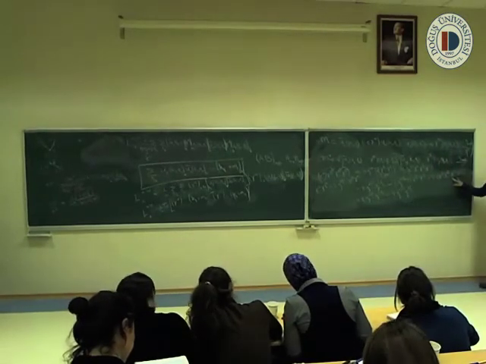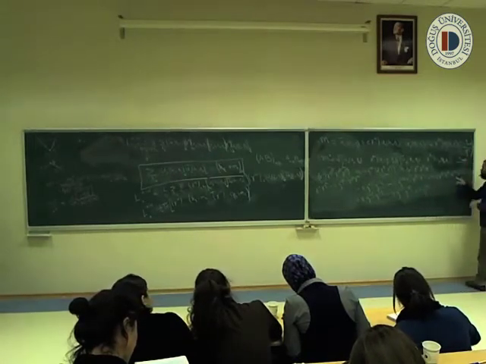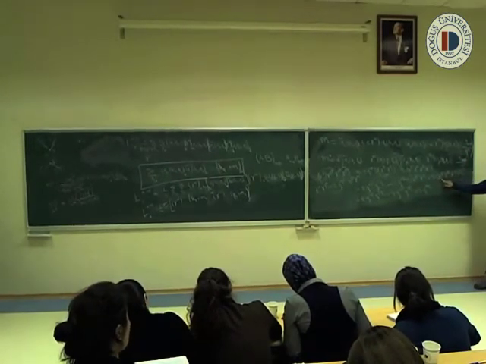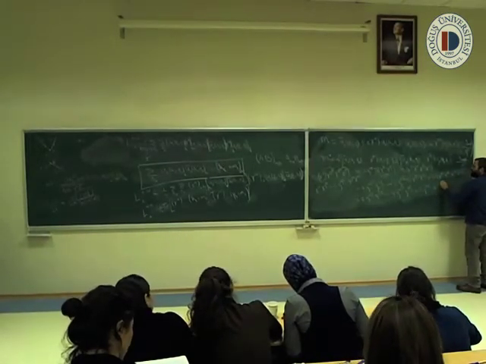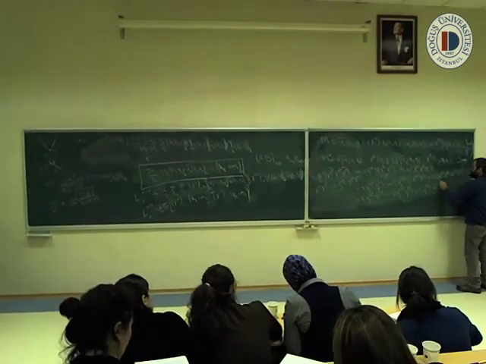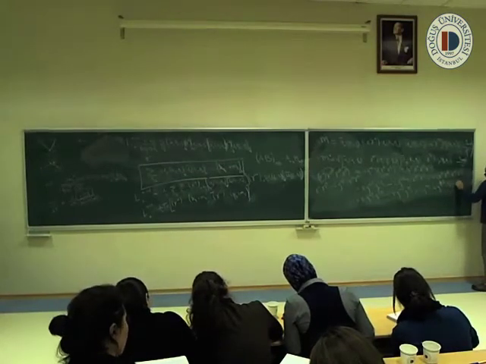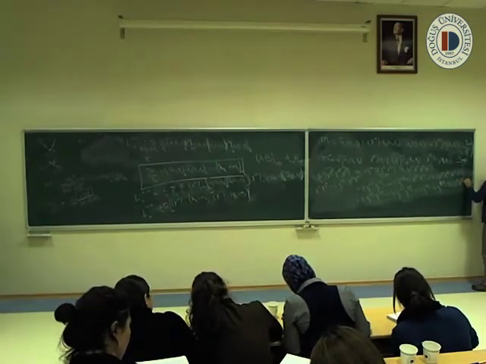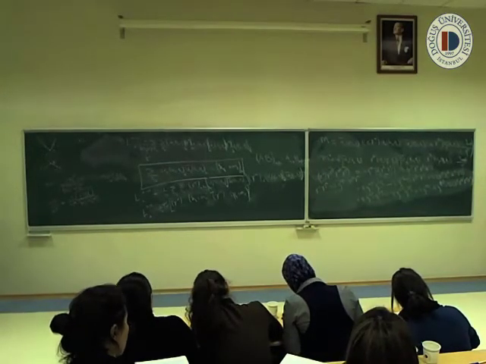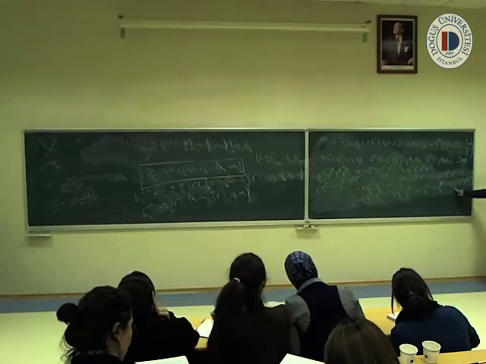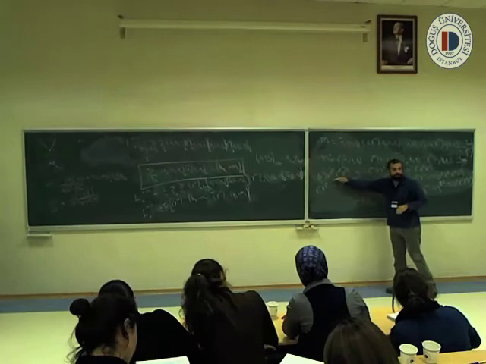Well, I will do the same trick again, plus 2 G alpha eta. Now what's left inside is a trace of gamma beta, gamma delta, but that is 4 G beta delta, minus trace gamma beta, gamma delta, gamma eta, gamma alpha. So what do we see? I can move this gamma alpha to the beginning. Well, in that case, it is the same thing as the initial trace that I started with.